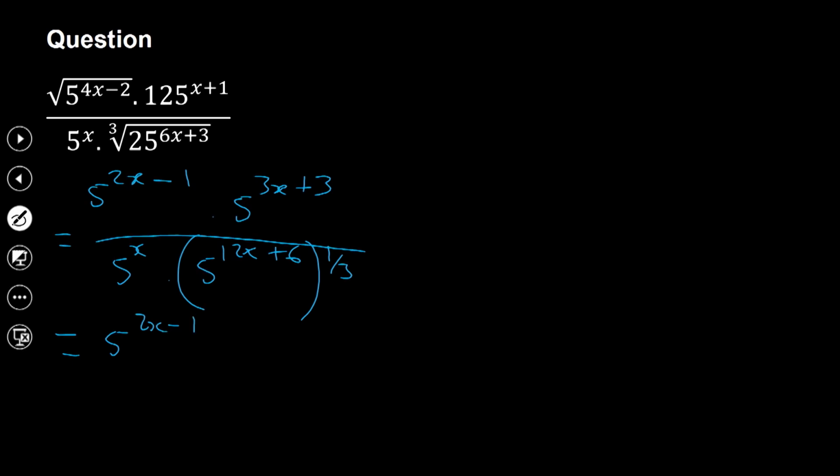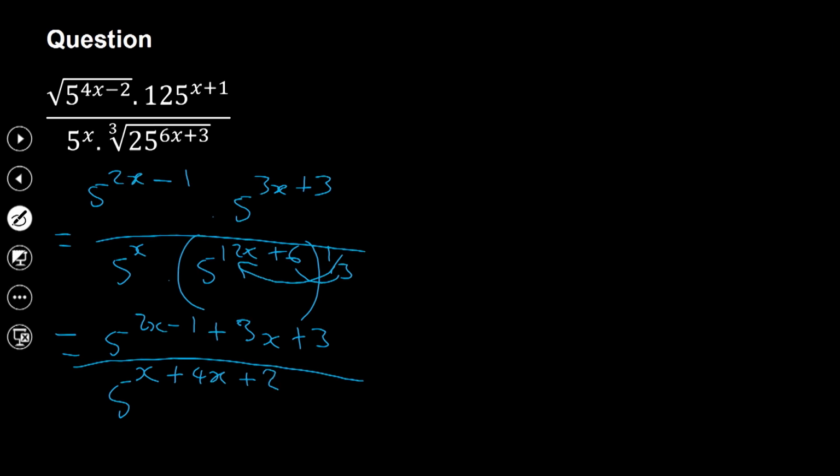I'm just going to apply the laws at the top, which is plus 3x plus 3 all over 5 to the exponent of x. Now, if I multiply this with the 12x, it gives me plus 4x. And if I multiply this with the 6, it will then give me plus 2.